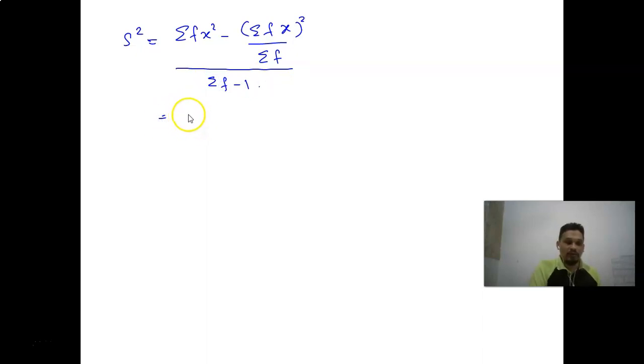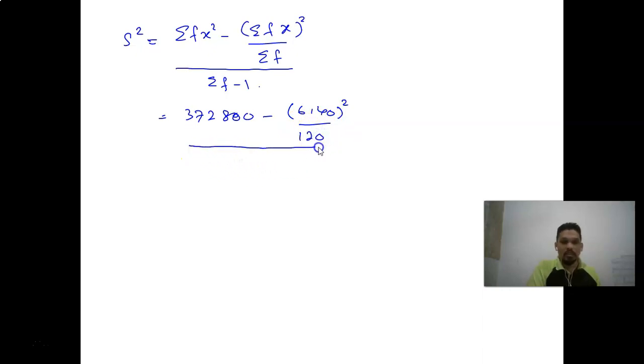So the summation of fx squared is 372,800 minus 6140 squared divided by 120, and 120 minus 1 is 119.